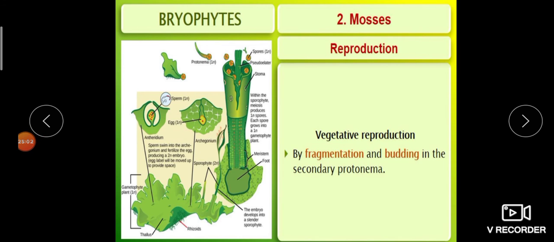Reproduction in mosses is of two types, that is vegetative reproduction as well as sexual reproduction. Vegetative reproduction is by fragmentation and budding, which occurs in the secondary protonema, not in the primary protonema.